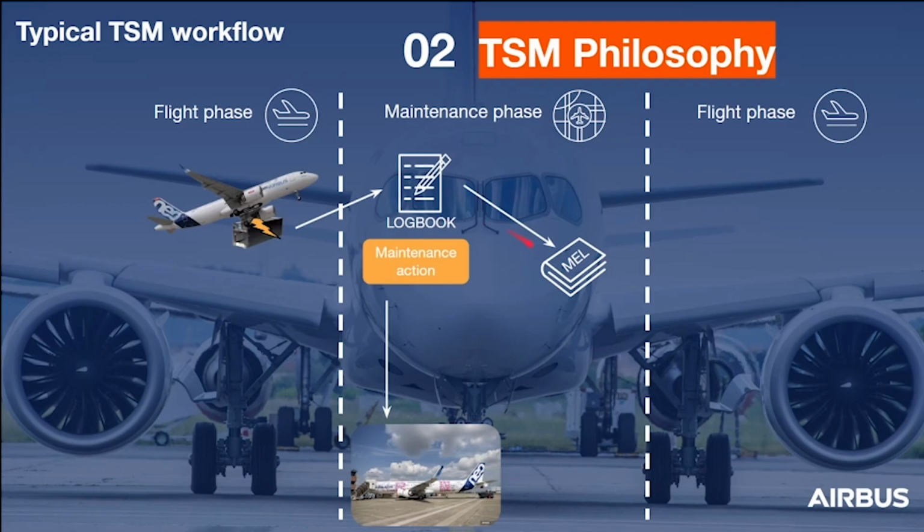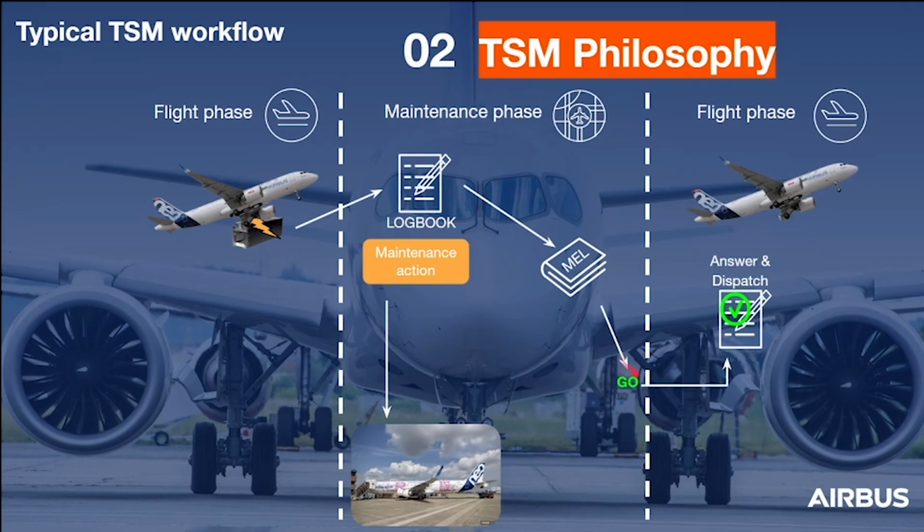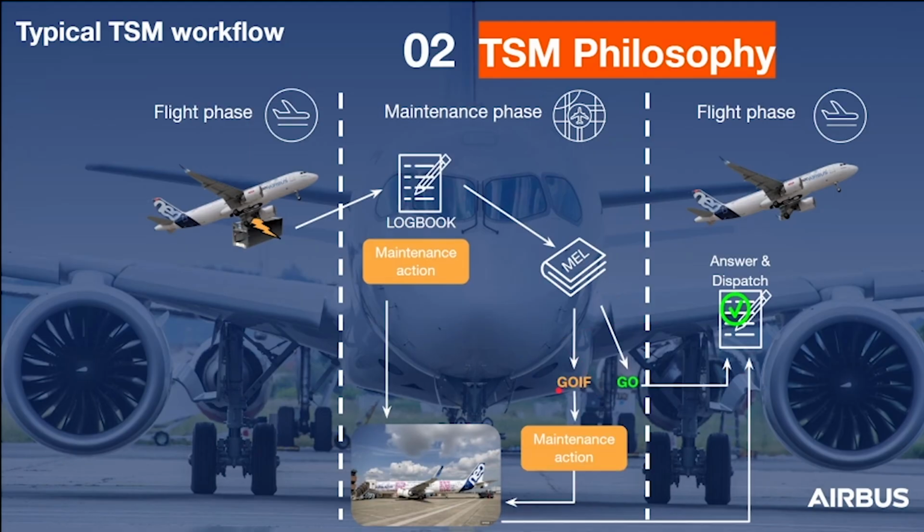If the fault is confirmed, then they will check for the dispatch status under the MEL, the minimum equipment list. If the status is a go, in this case, the maintenance team can answer the logbook and dispatch the aircraft. If it is a go if, then they need to perform some maintenance action and then dispatch the aircraft.